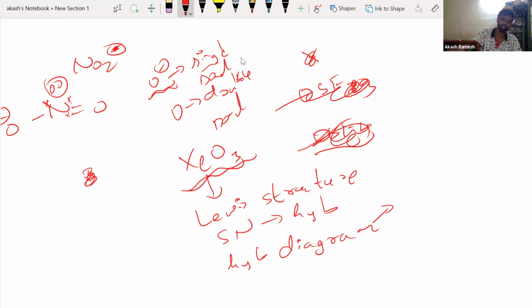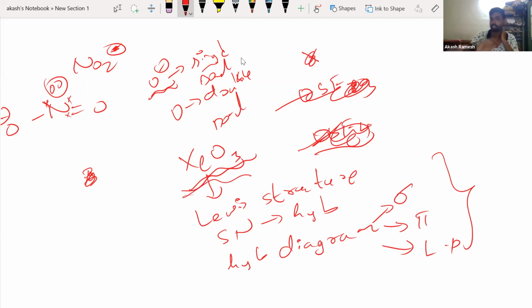In that hybridization diagram, show sigma bonds, show pi bonds, show the lone pair, if you have any lone pair. Can you do all of these things? We'll come back to steric number 3 later. This is not steric number 3, people, so don't worry. This is just for your understanding. Sir, yes, this is steric number 4. Absolutely. Yes.